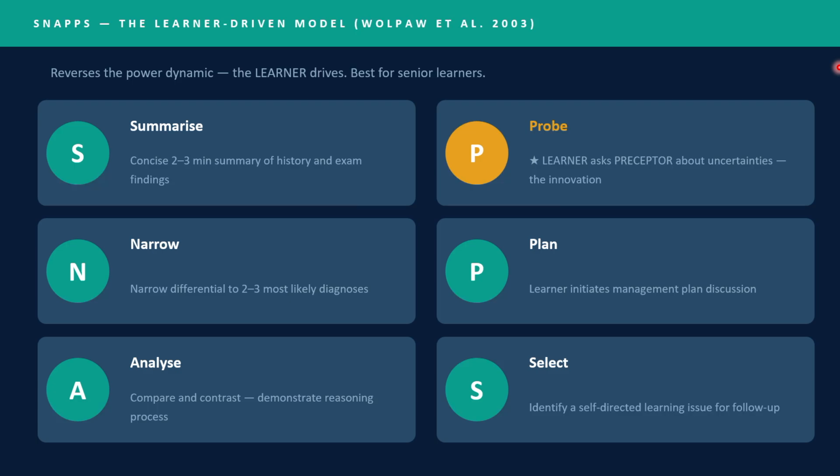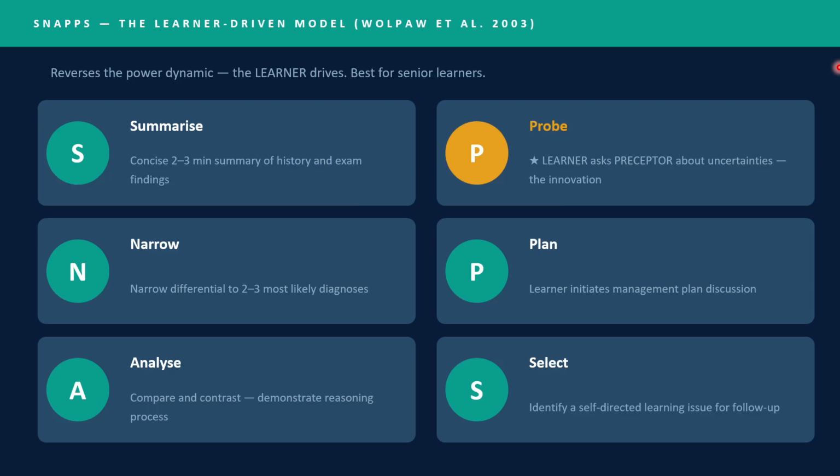Summarize is a concise 2 to 3 minutes summarizing the history and findings. Narrow to a differential of the 2 or 3 most likely diagnoses, then go to the analysis: compare and contrast. Why did you say this? What about this?